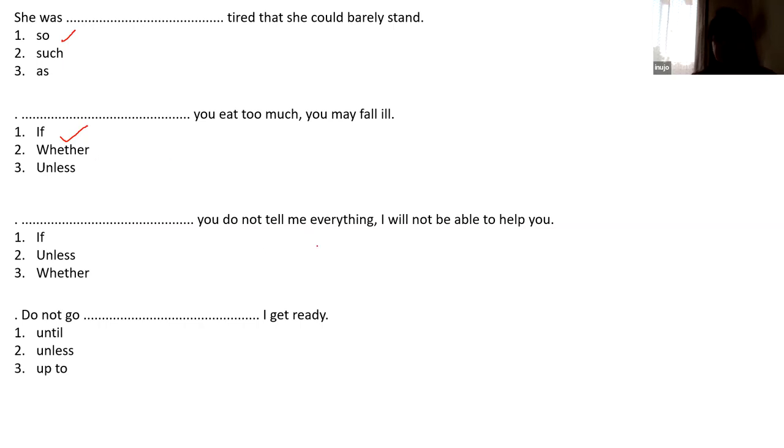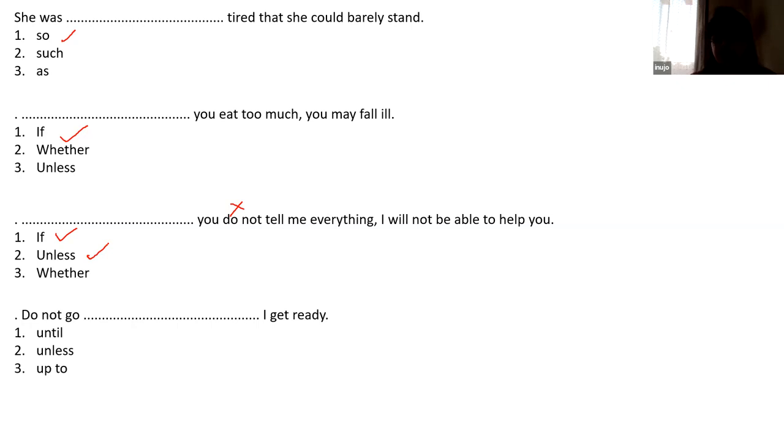If you do not tell me anything, I will not be able to help you. But suppose you say, you tell me everything, I will not be able to help you. Then you have to say, unless you tell me everything, I won't be able to help you.